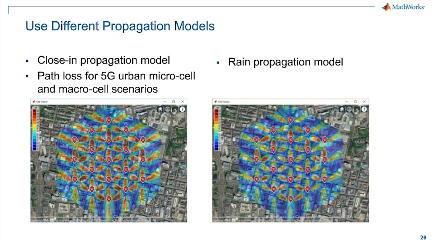Not only can you do different transmit and receive, you can actually compose the typical 19-node cellular structure with different sectors using the antenna arrays you just designed, and you can apply way beyond free space loss. You can add urban microcell and macrocell scenarios here, and even rain propagation models. All of that is one click away from MATLAB.